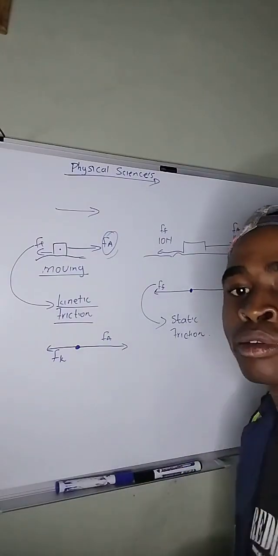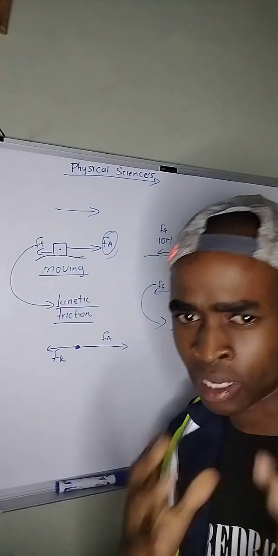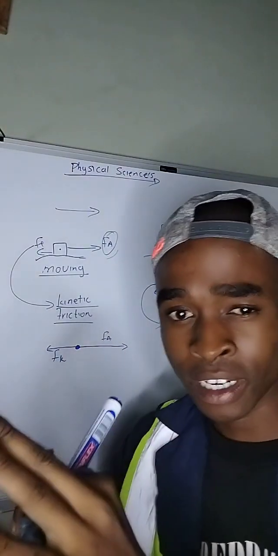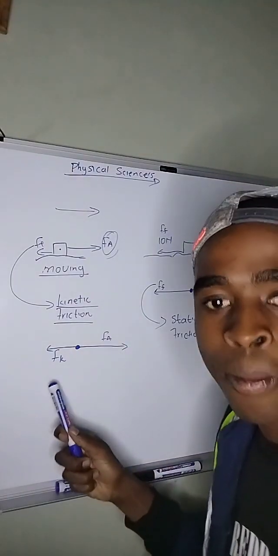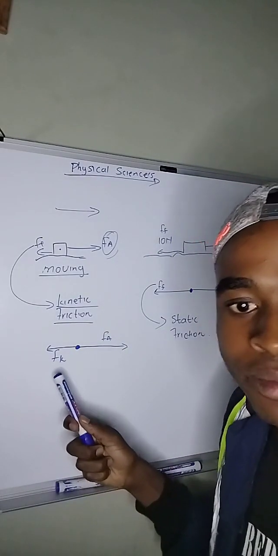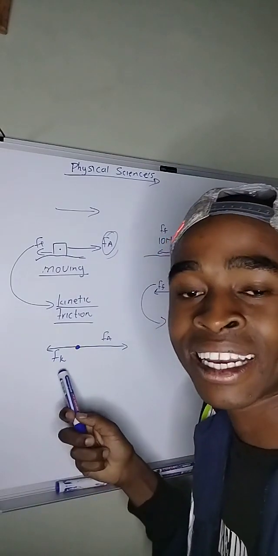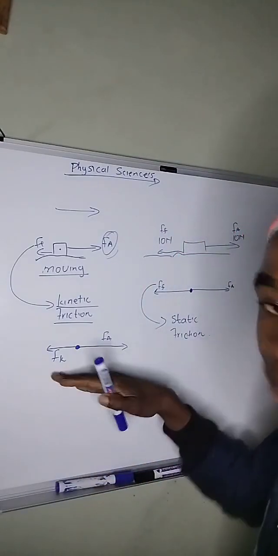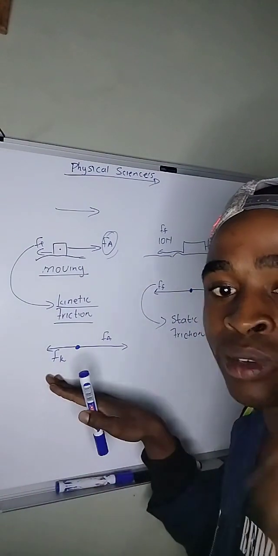This will help you whenever they ask you to define static friction or define kinetic friction. Kinetic friction is the force that opposes the motion of the moving object relative to the surface, right?